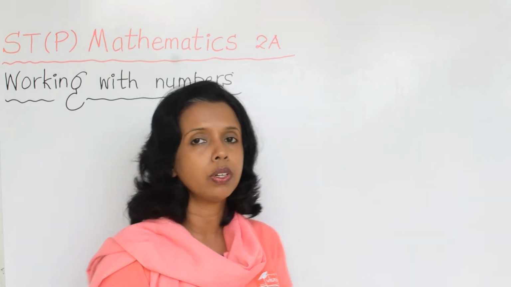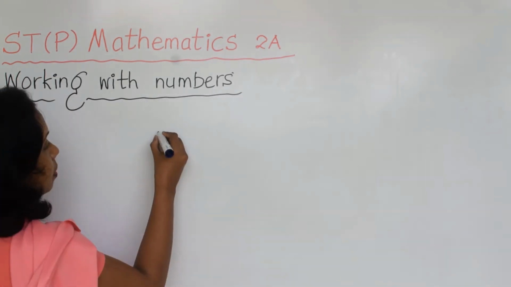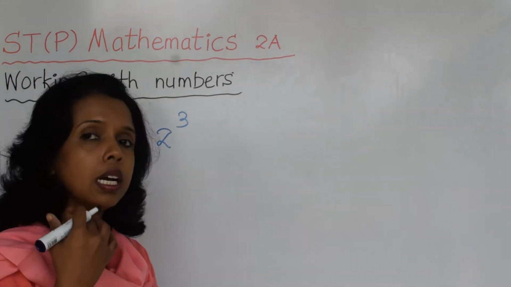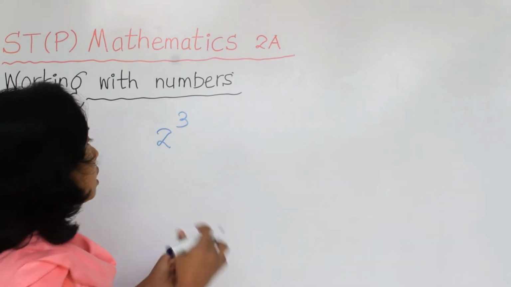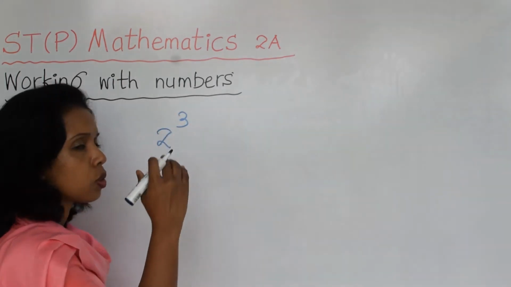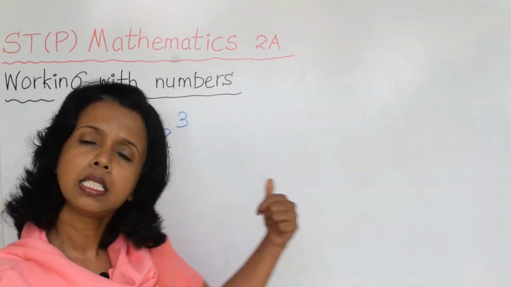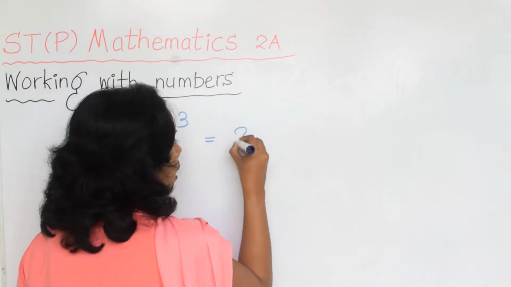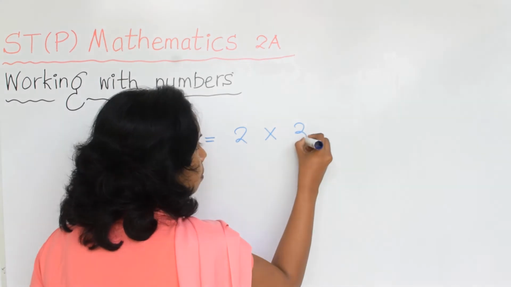Children, first of all tell me, when you see this, 2 to the power 3, how do we explain this? If I ask what is the value of this, is it 2 times 3?